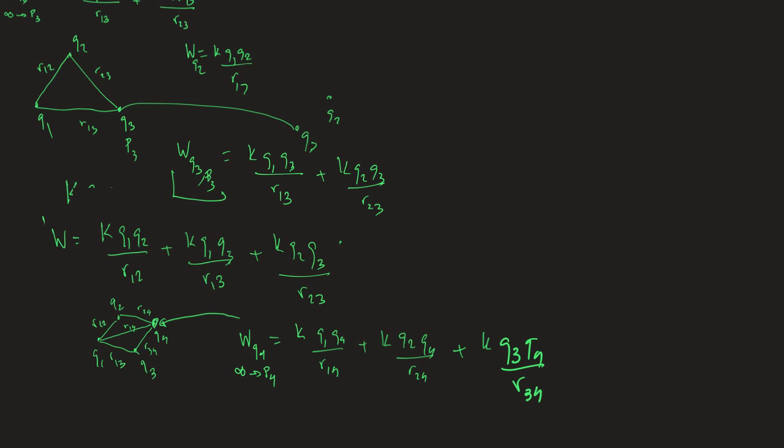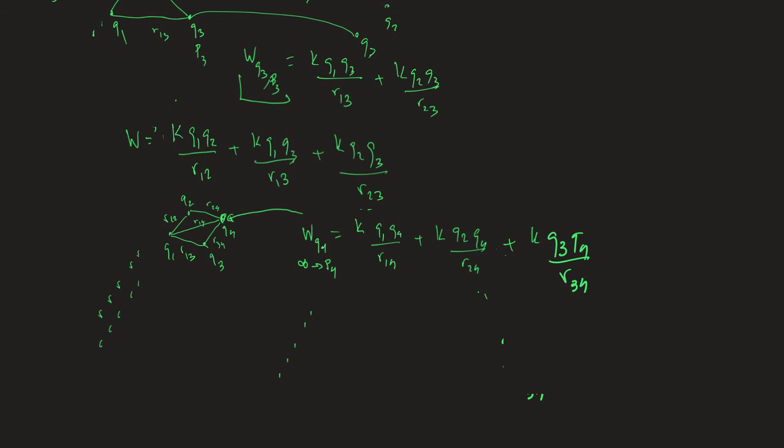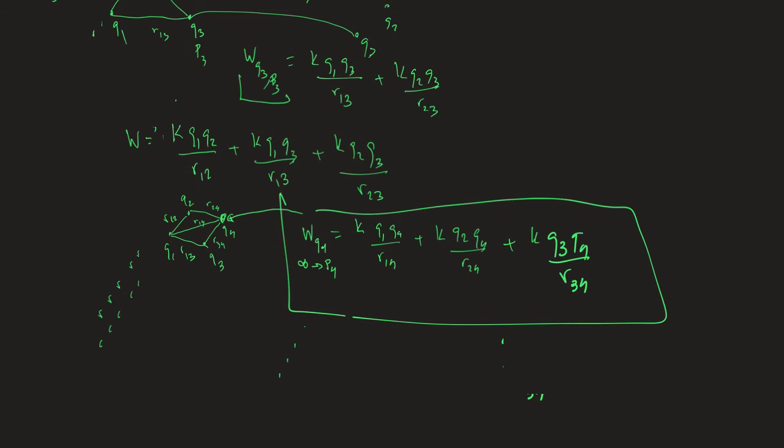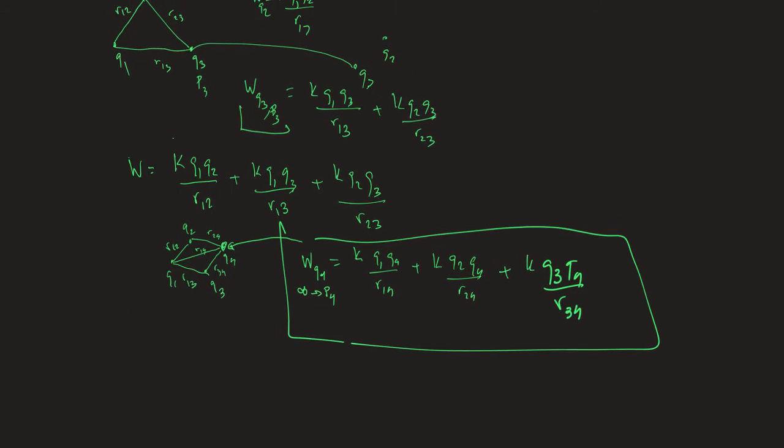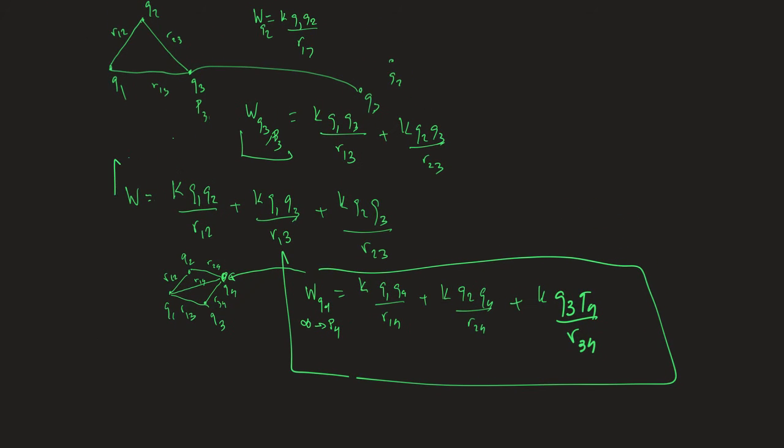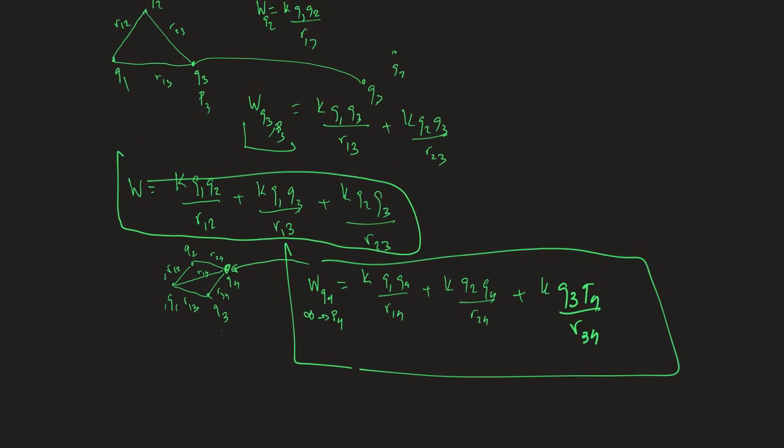And the total work will be the previous work, where is the previous work? It is here, the previous work for bringing the 3, and now for bringing the 4.